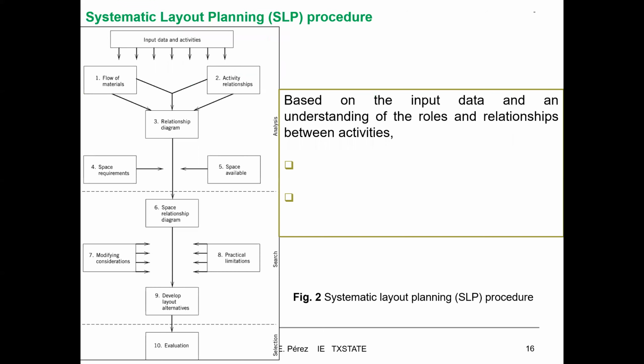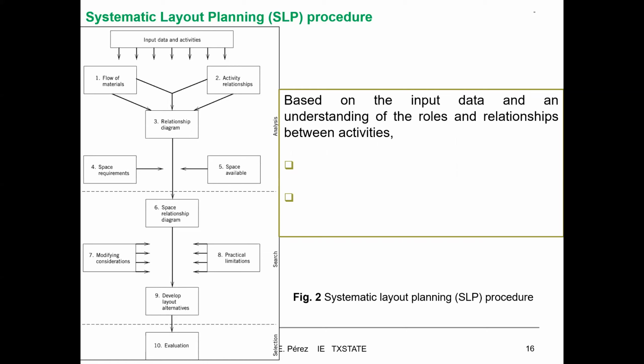So in this slide, I have a summary. The chart, the figure on the left, shows the steps to develop a layout using the systematic layout planning method. At the top, you have the input data and activities, and then you use that information to determine the flow of materials and also start developing the activity relationships.